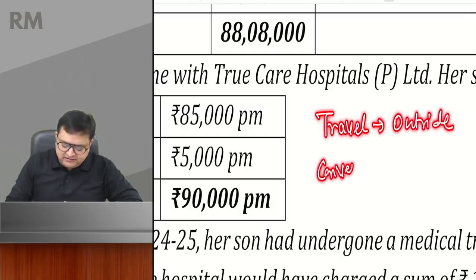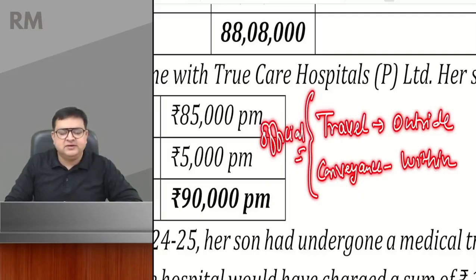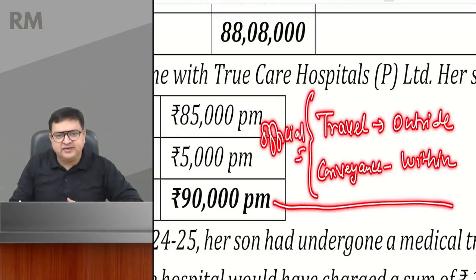Conveyance allowance means within the city. But they both are official. It should not be taxed. Yes, if there is any saving which the employee is keeping in his pocket, then only that saving is taxable. Otherwise, if nothing is mentioned, please make it exempt because these are purely official allowances. So these are official allowances, perfectly exempt.